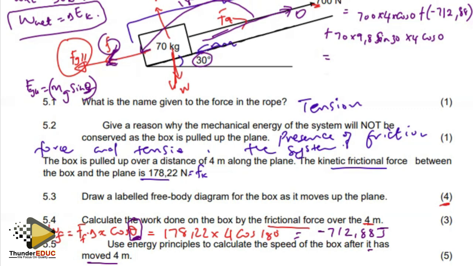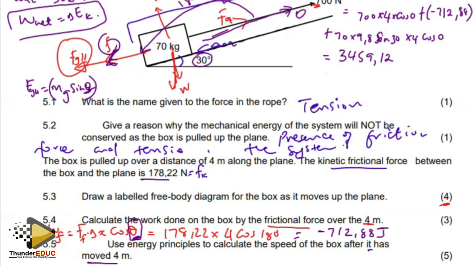Okay, negative 1.288, plus 70 times 9.8 sine of 30, and then I'm multiplying by 4 cos of 0. So this is giving me 3459.12. So this is just the net work.